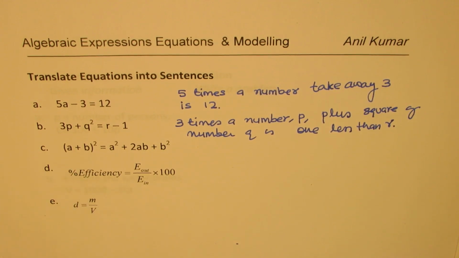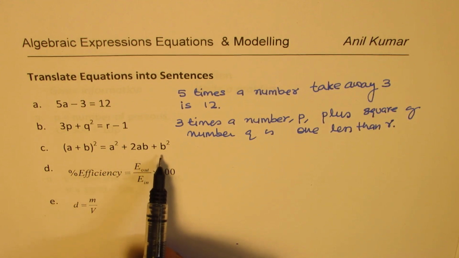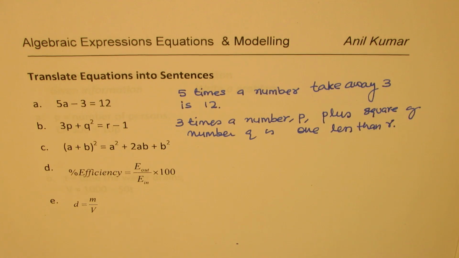Now, how do we write this one? A plus b whole square is a square plus 2ab plus b square. So we can write square of sum of two numbers. Right?